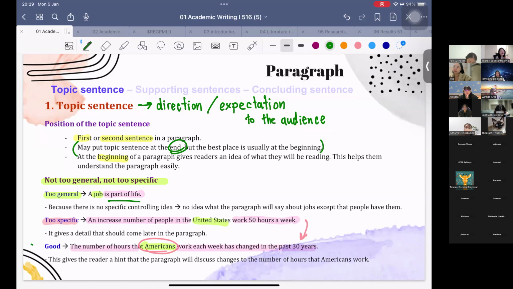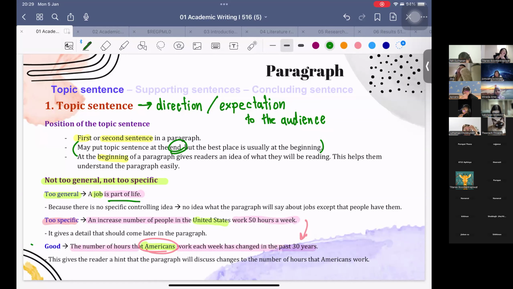That would not be a good topic sentence, because a good topic sentence is the starter for what comes next, but this one provides all the details. So maybe you might change it to something like, the number of hours that Americans work each week has changed in the past 30 years.